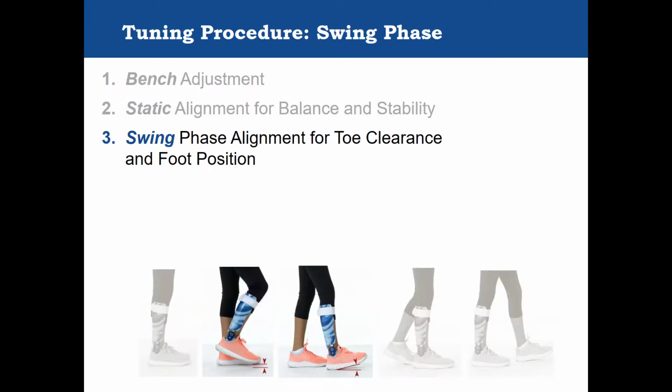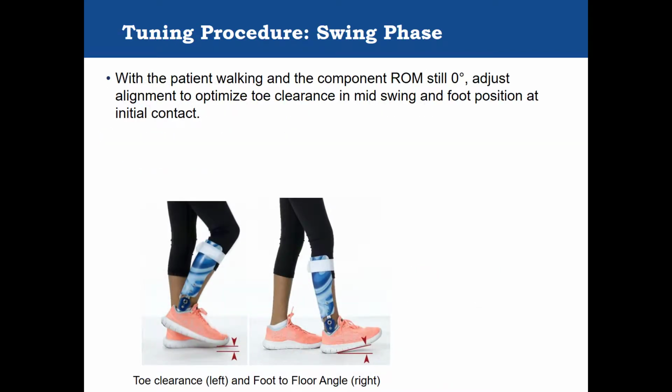The third step of the triple action tuning procedure is swing phase alignment. With the patient walking and the range of motion of the triple action component still locked at 0 degrees, observe toe clearance in mid-swing and the angle between the sole of the shoe and the floor. Use the alignment setting to optimize these two gait events.